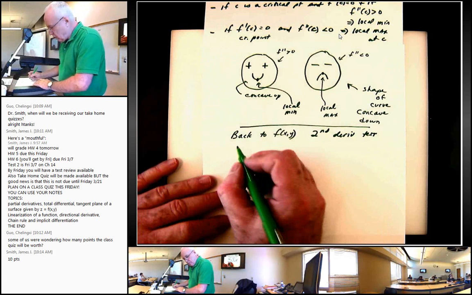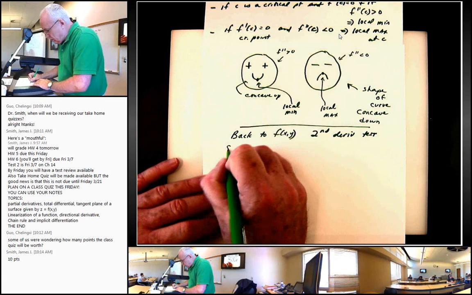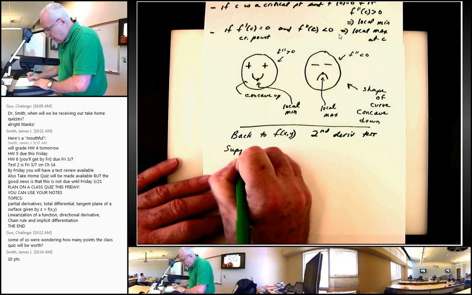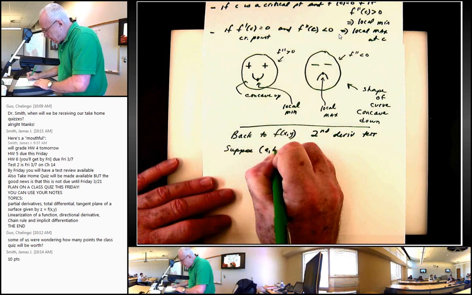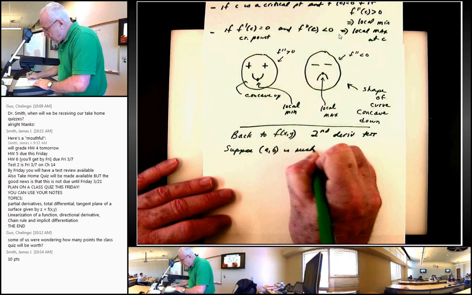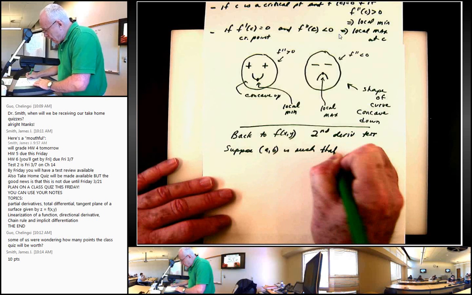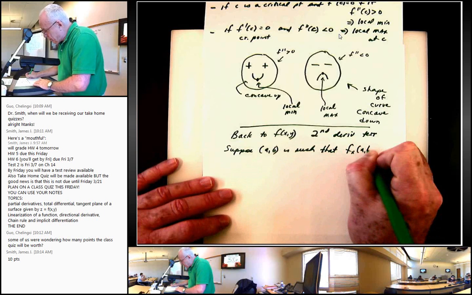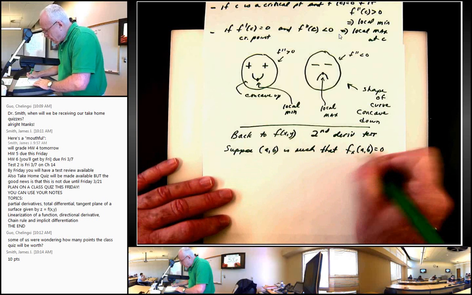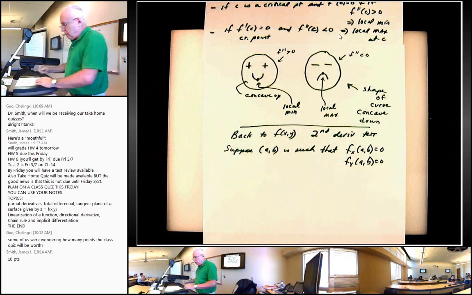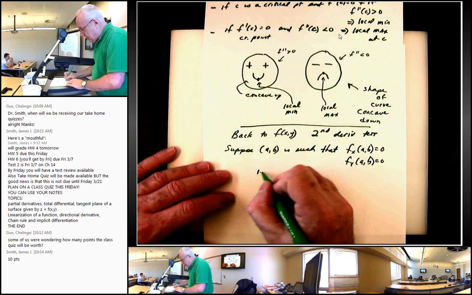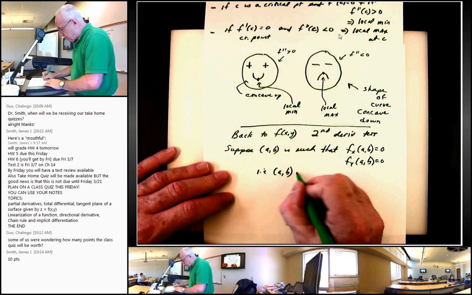Okay. So suppose the point (a, b) is such that fx at (a, b) is equal to 0, and fy at (a, b) is also equal to 0, i.e. (a, b) is what we call a critical point.